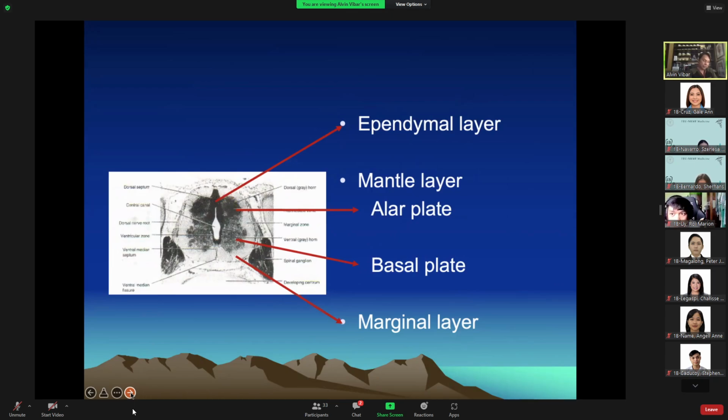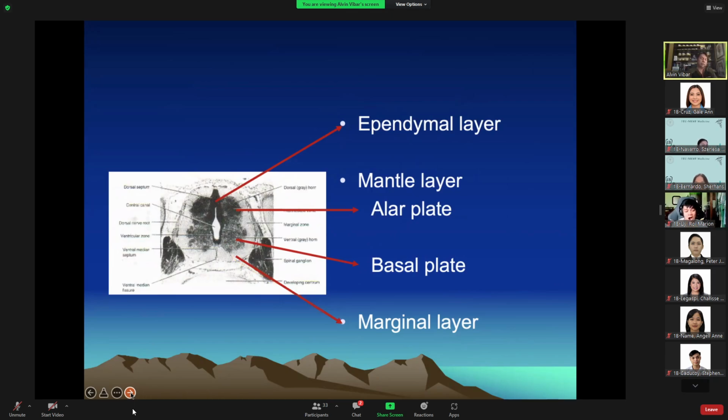This is the basal plate. What is the fate? This is the anterior, ventral, or the motor horn of the gray matter. And the outermost is this one, marginal layer. And what is the fate? That will be the white matter of the spinal cord.